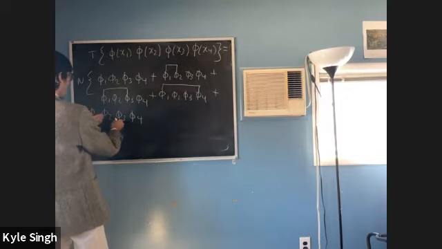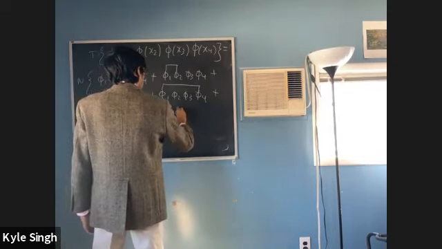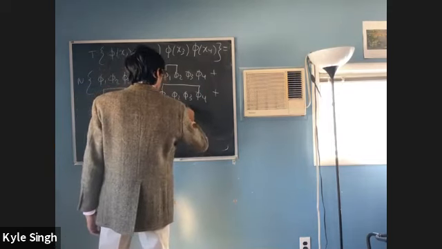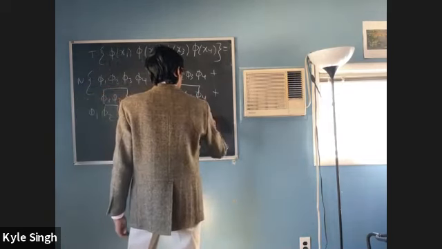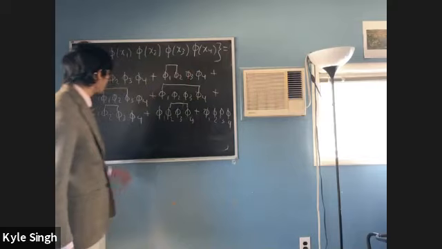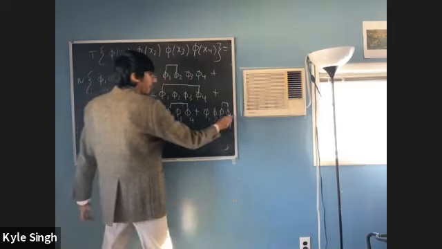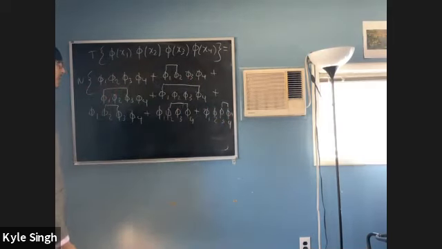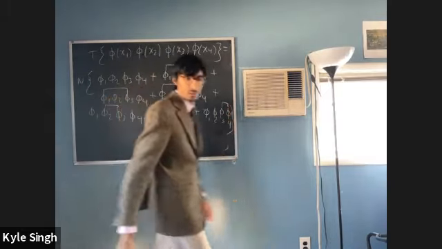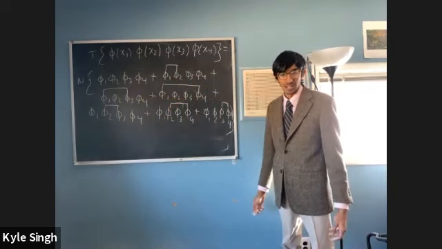I already did 2 with 1, so I do 2 with 3, and 2 with 4. Now I do 3 with 4, because 3 went to 2 and 3 went to 1 already. And I think that's everything. I don't know if I missed any contractions, but I think that's it.